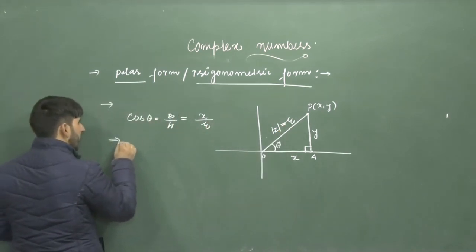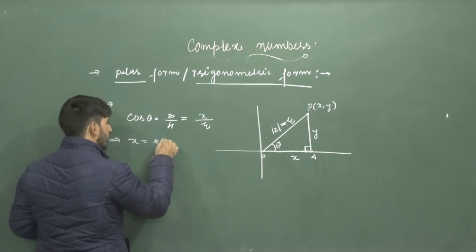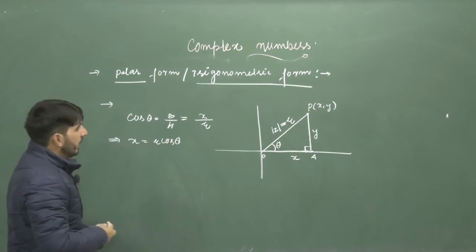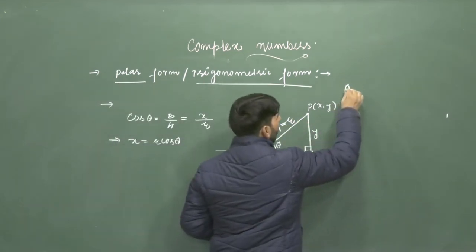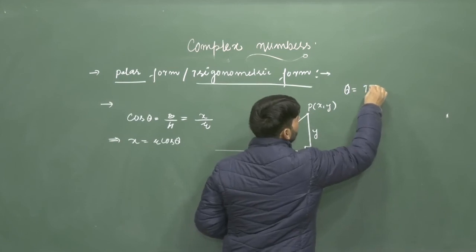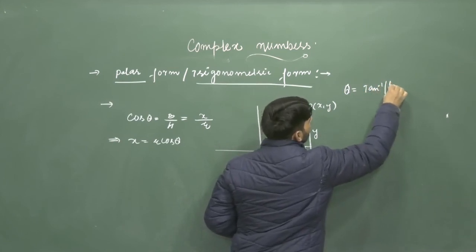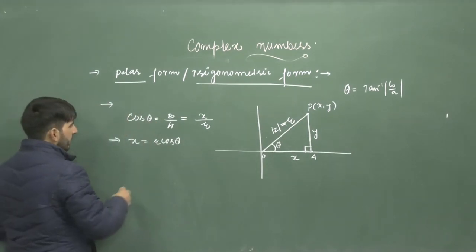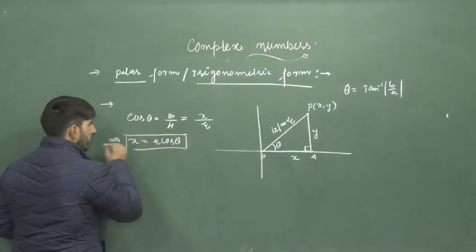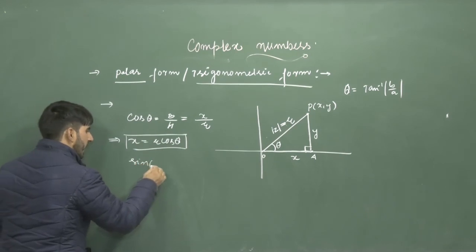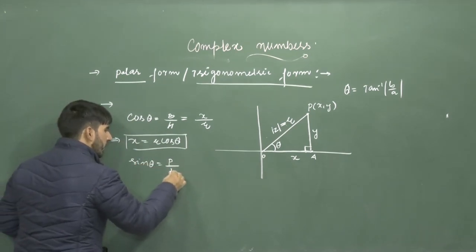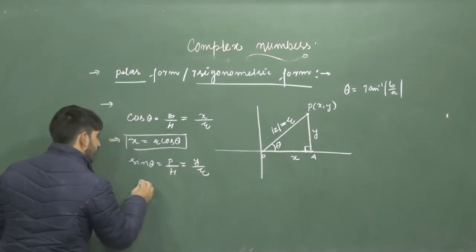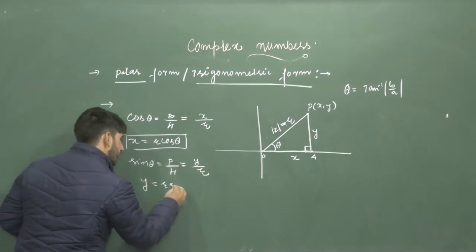So, which implies x is equal to r cos theta, where theta, this is the argument, is equal to tan inverse of modulus of b by a. And sin theta, as we know, is perpendicular by hypotenuse, that is y upon r, which implies y is equal to r sin theta.